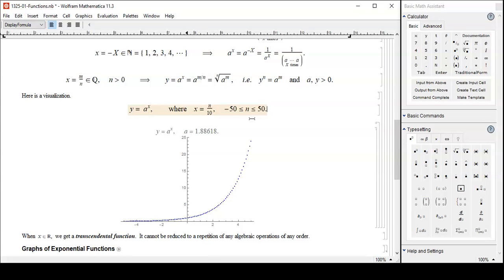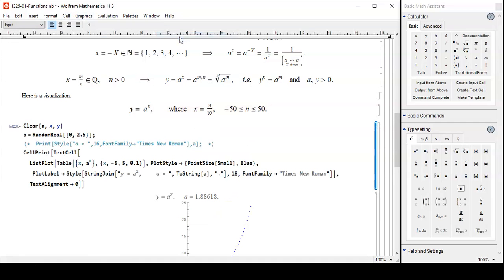And if you increase the number of dots, say for example, let's go to the increment of 0.05.